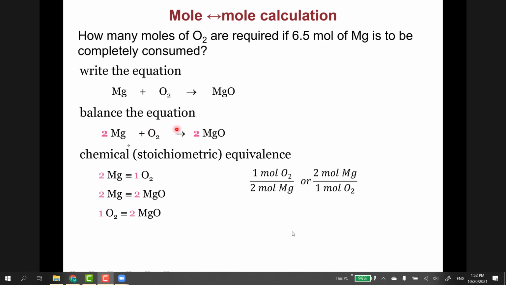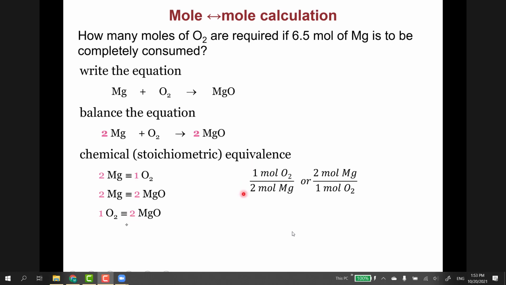Now, this is a balanced equation that gives us the correct stoichiometric equivalence between each species in the reaction. 2 moles of magnesium is equivalent to 1 mole of oxygen, or 2 moles of magnesium is equivalent to 2 moles of magnesium oxide. 1 mole of oxygen is equivalent to 2 moles of magnesium oxide. Equivalent means that it will completely react with that amount of the other substance.